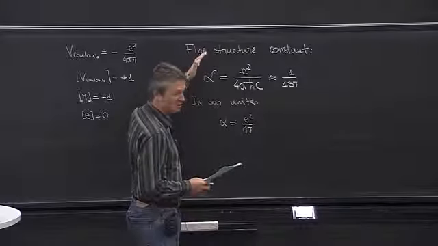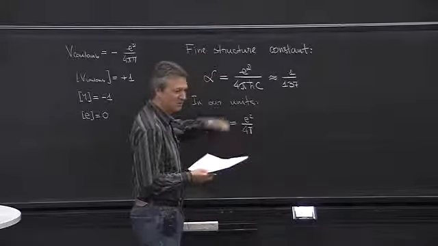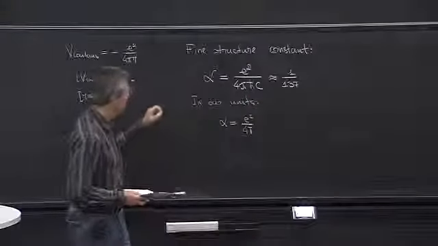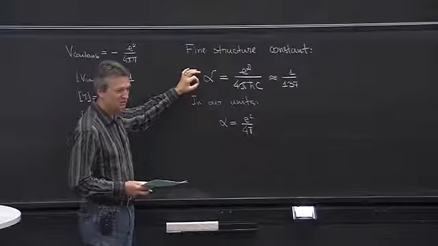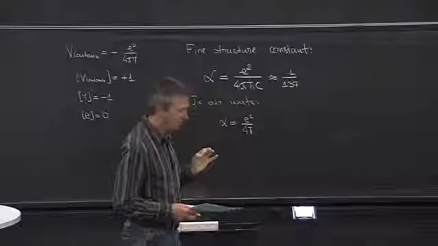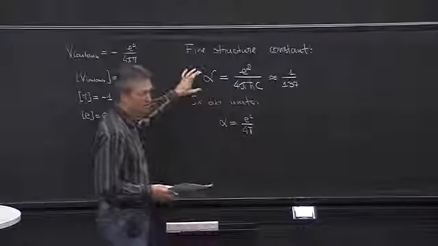Well, its name suggests that it comes from the fine structure of something, and this something is the energy levels of hydrogen. So it determines how the energy levels of hydrogen, which are degenerate in non-relativistic theory, split.